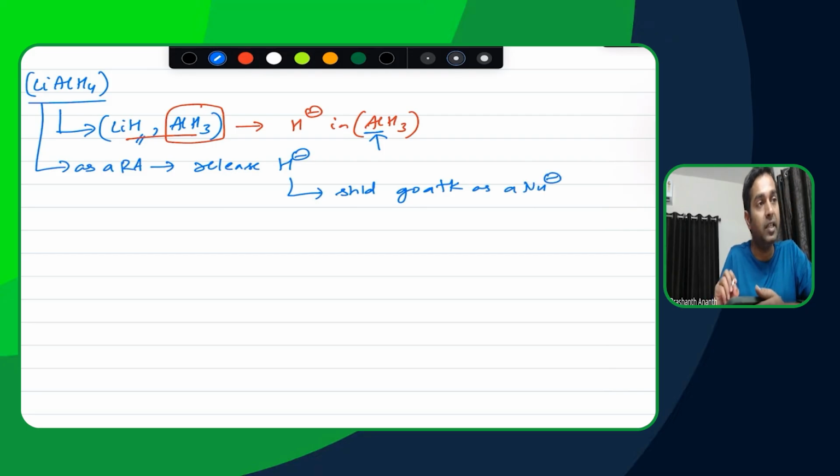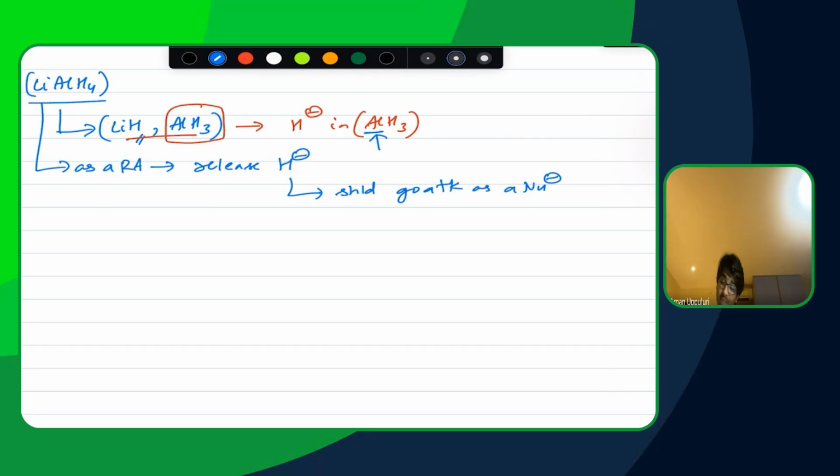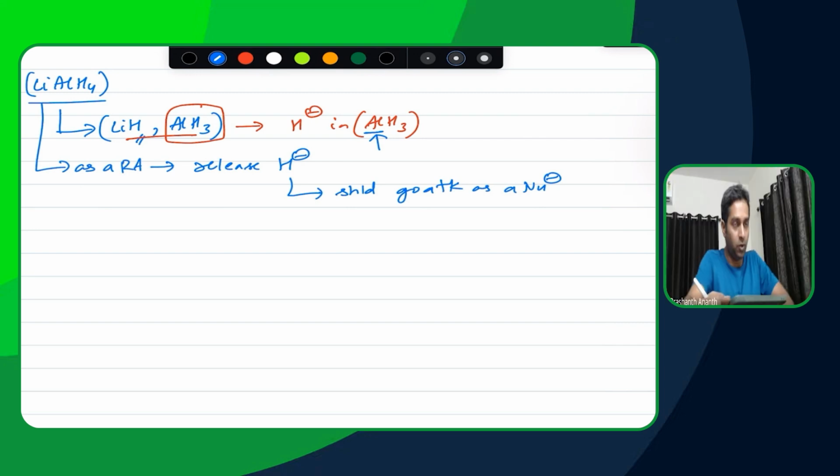That is basically the game when LiAlH4 behaves as a reducing agent. Now, you mentioned that you have some confusion regarding LiAlH4 behaving as a reducing agent. I'm assuming that had some connection with NaBH4 also, or is it not having any connection? I mean, it was specific to this reaction. Okay, give me the reaction specifically.